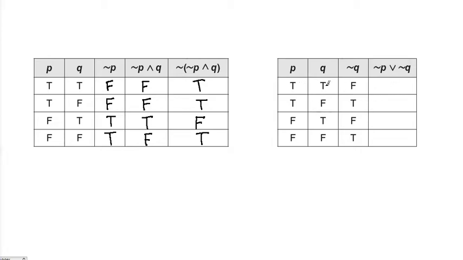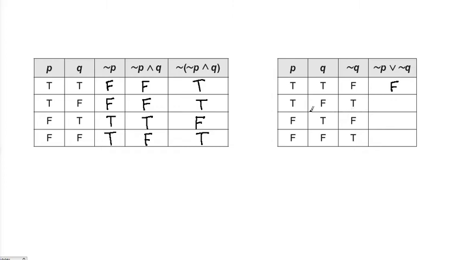So we have P, Q, and negative Q. So we need to find the not P or not Q. Not P is going to be false, and not Q is false. Since not Q is false and not P, the negated version of P, is false, then the result is false, because as we said, both must be false in order for the OR sign to yield the false.